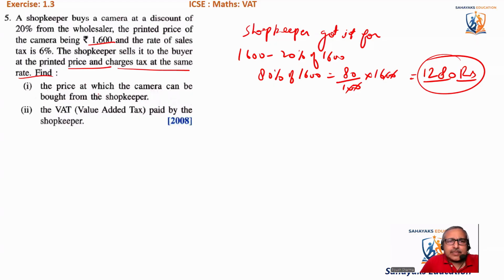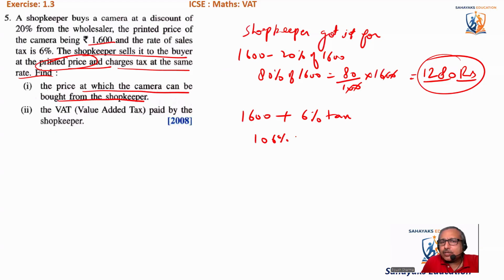The question is the price at which the camera can be bought from the shopkeeper. Now, if I'm buying the camera from a shopkeeper, what price is he going to give it at? They've already mentioned that the shopkeeper sells it to the buyer at the printed price. So basically, if I have to purchase that camera, I have to pay 1600 plus 6% of tax, or I can say 106% of 1600. This is what you have to pay.